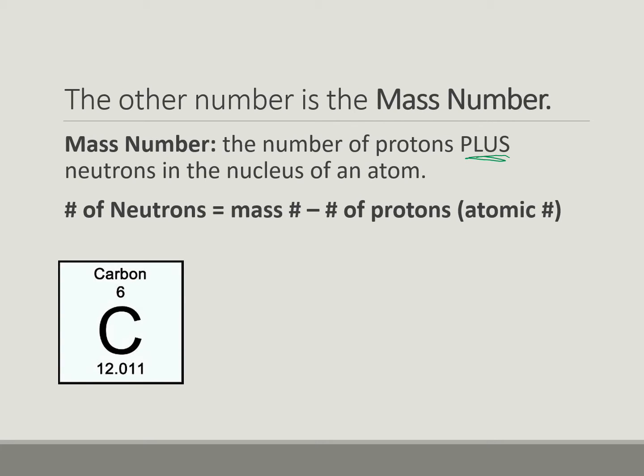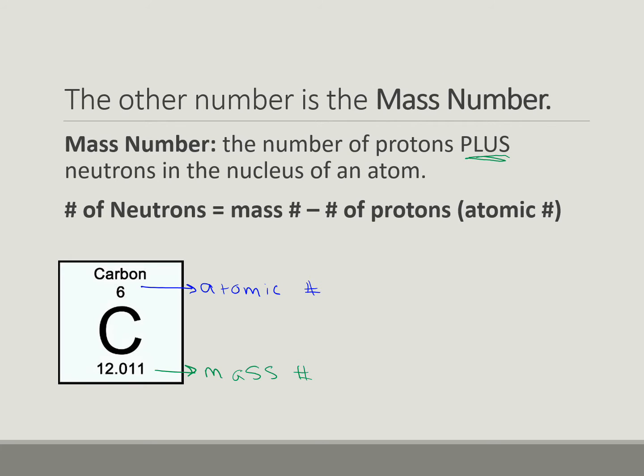So for carbon, your mass number is going to be 12.011. That's this number down here. Your atomic number is going to be 6. That's the number without the decimal.